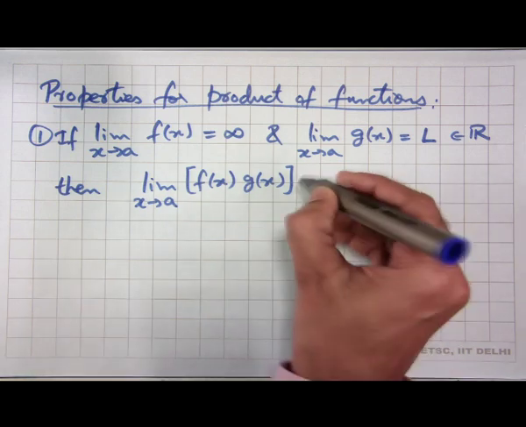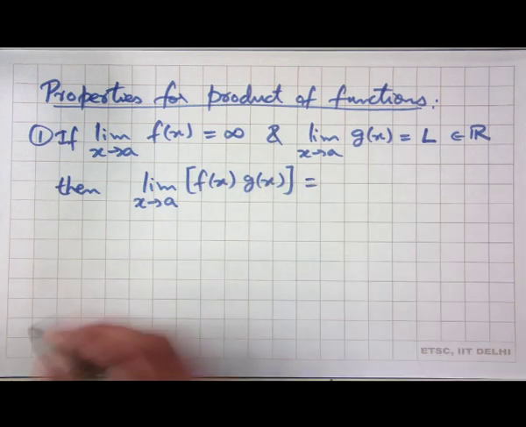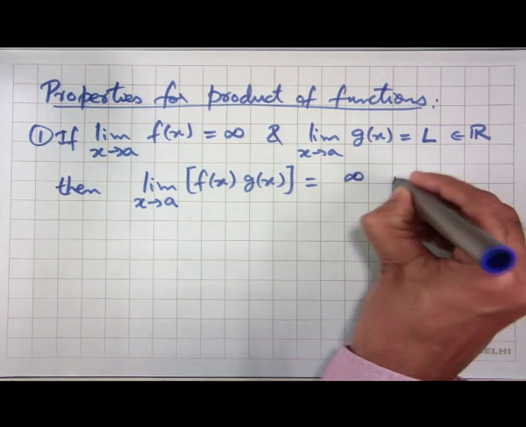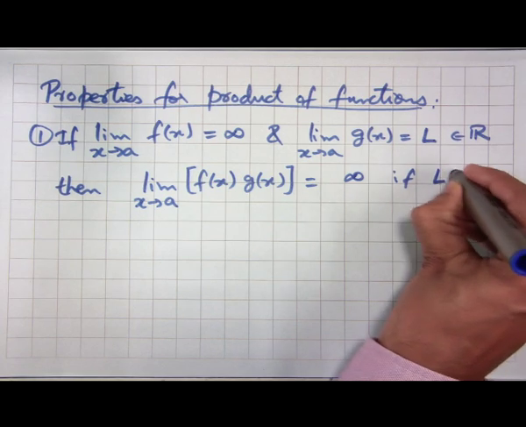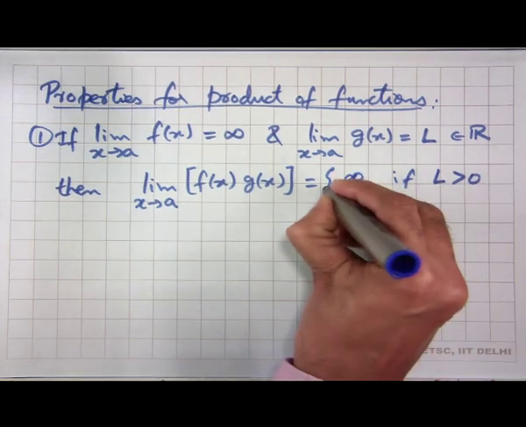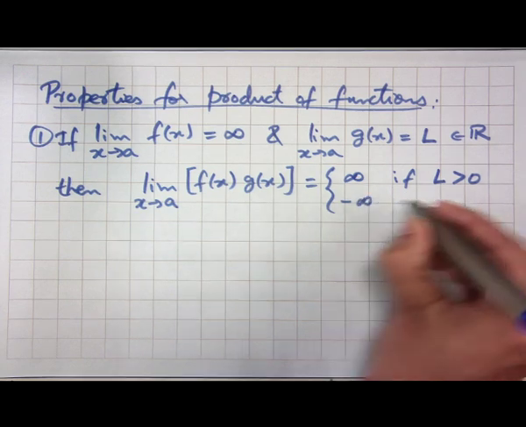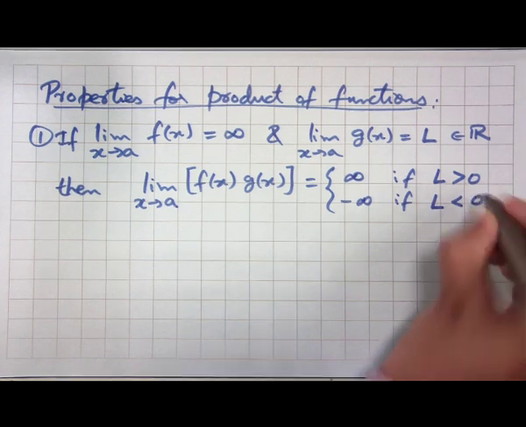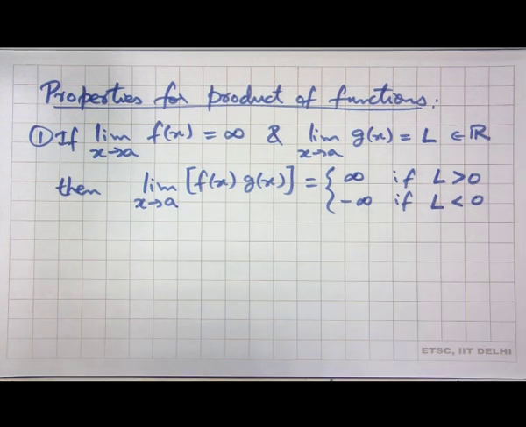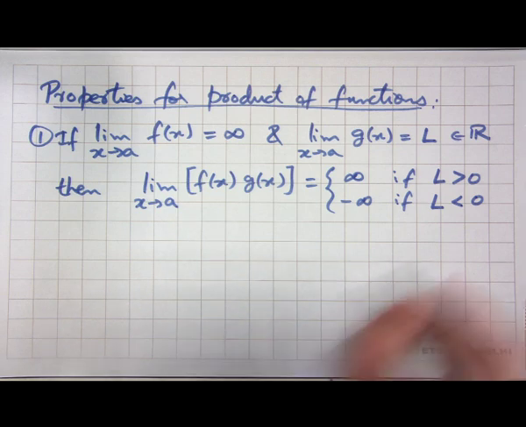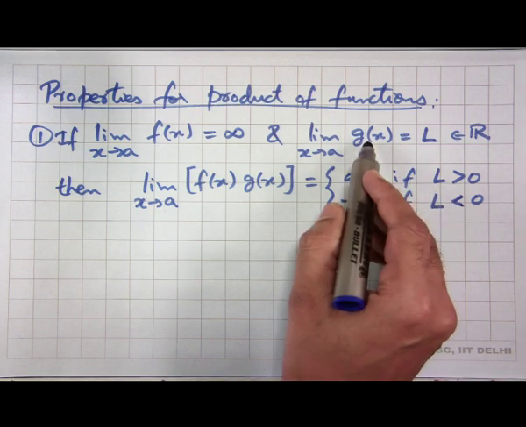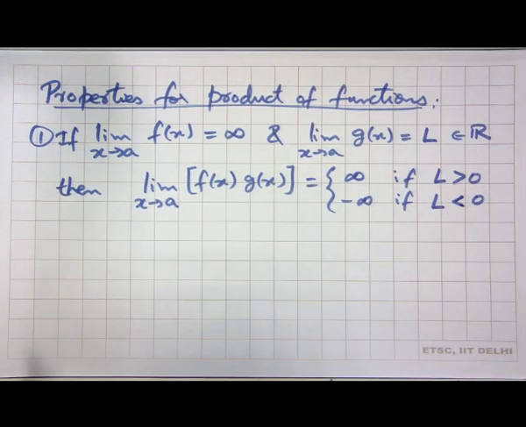So, here what we will get is that this is equal to infinity if L is positive, and this is equal to negative infinity if L is negative. And we will also ask what happens if L is 0. If we have the constant function 0 here, then constant times f(x) is 0, and in that case the limit is 0.